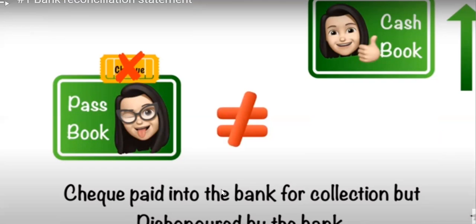So when the check is dishonored, the passbook remains unchanged because the amount will not be deposited since our check is dishonored. Check paid into the bank for collection means we receive the money through check. So our cash book balance will increase, but in the passbook, because of the dishonor, the balance remains the same.